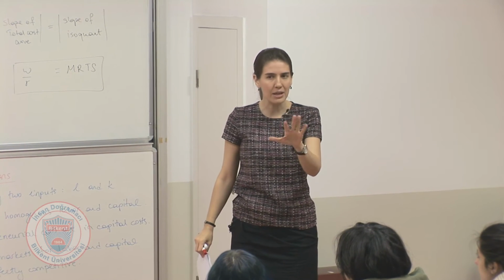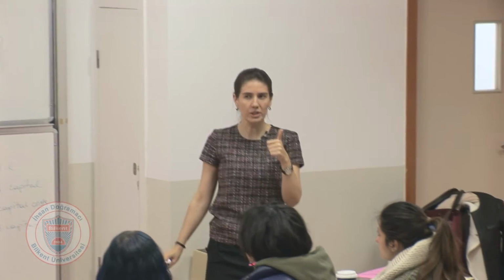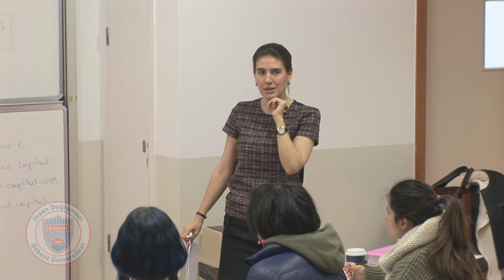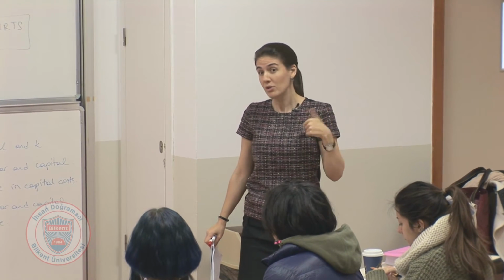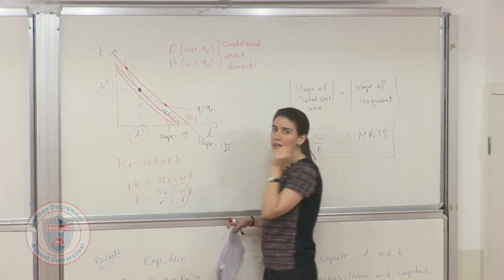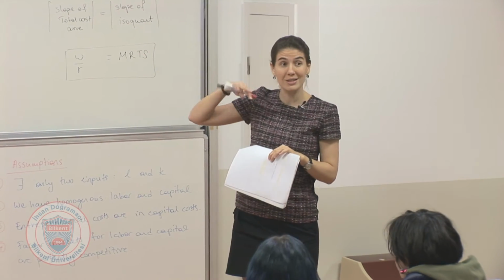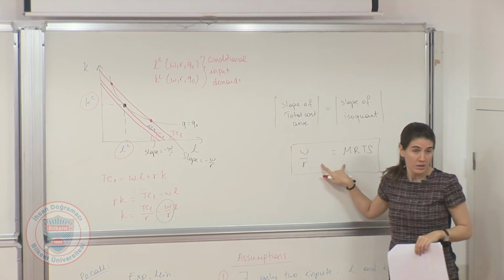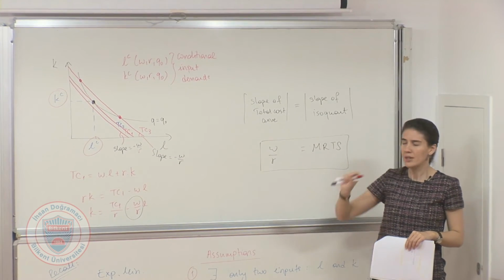Apparently, convex isoquants are coming from a production function which is also at least quasi-concave. So if your production function is quasi-concave, or your isoquants are convex, then this condition is not only necessary, but sufficient to say that that point is the optimal.